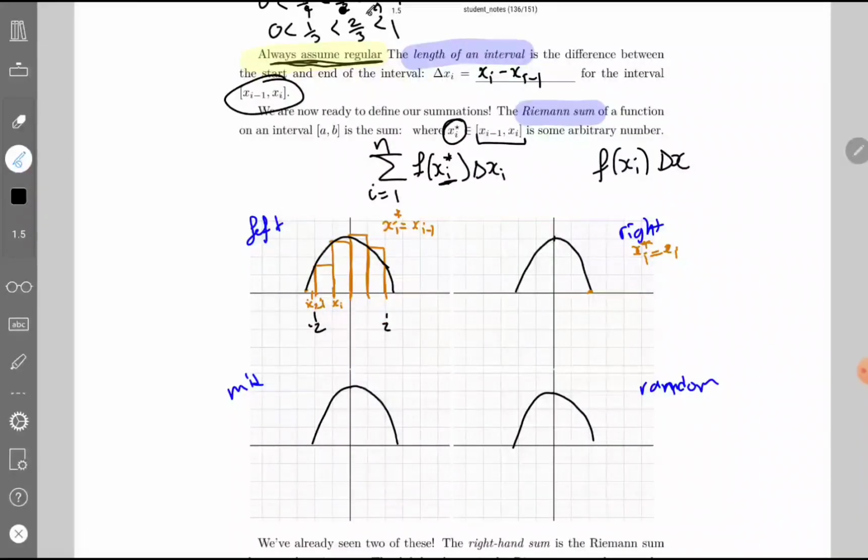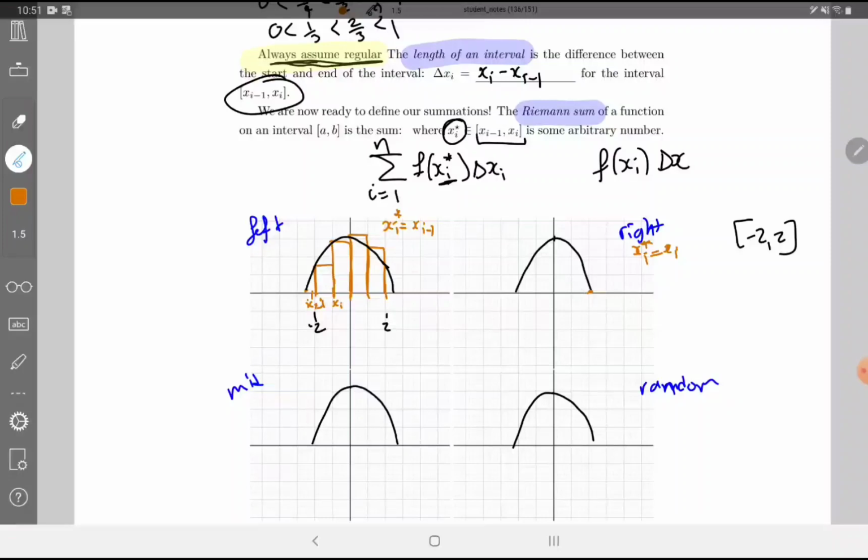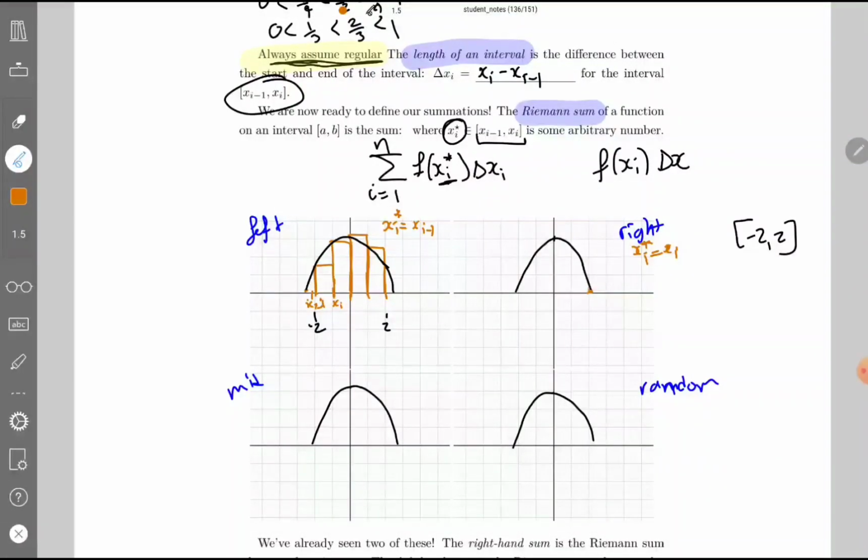Here we start off and draw one little rectangle, then the right-hand side gives us the second rectangle, a third, and a fourth. That's it, we went from minus 2 to 2. Here xi star is equal to xi.